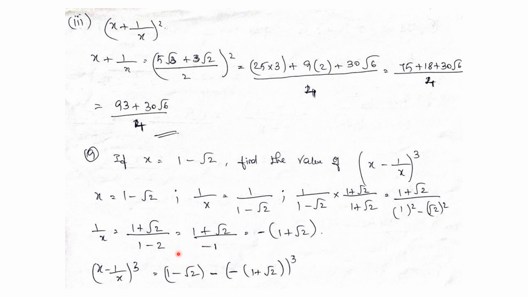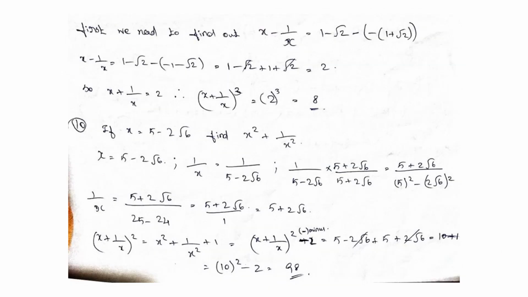Okay. Then we need to find x minus 1 by x the whole cube. So we should square on both the sides. Sorry, we should cube both the sides. Okay. So the answer will be 8.